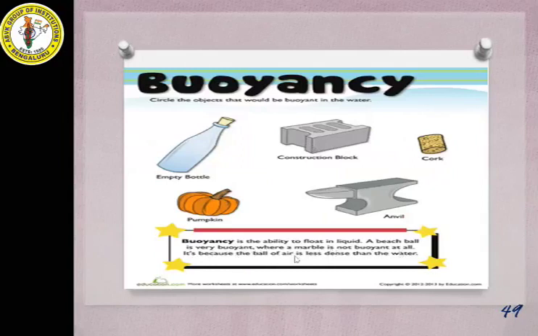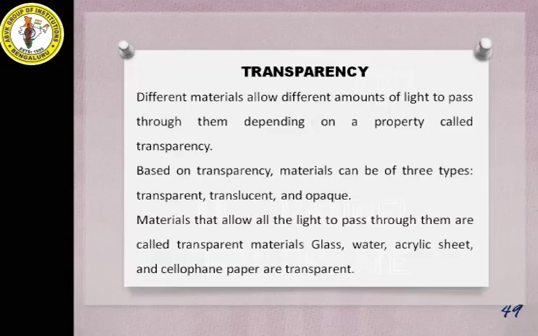It's because the ball of air is less dense than the water. Correct? Yes or no? So why do some objects float and some sink? Because of the concept called buoyancy. Objects that are more buoyant will float, and objects that are less buoyant will sink.